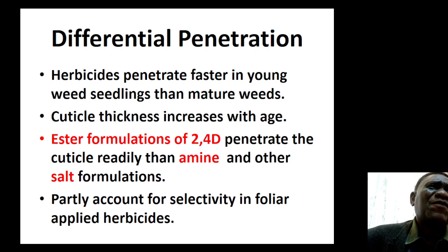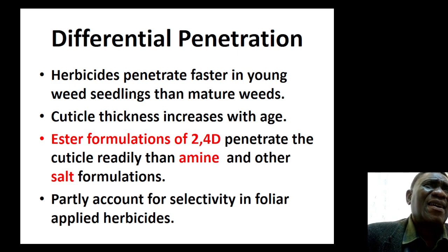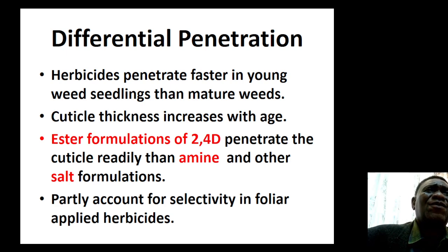We've said ester formulations of 2,4-D can penetrate fast into the cuticle compared probably to the amine and other salt formulations. And this can partly account for the selectivity of foliar applied herbicides, the formulation of the herbicide.